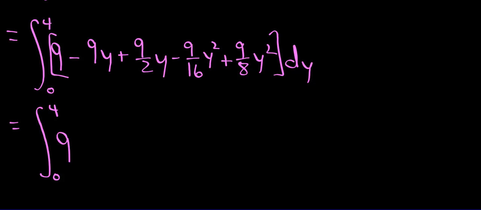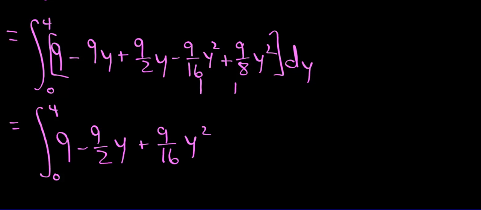We've got negative 18, so this would be negative 9 halves y, isn't it? And then plus 9 sixteenths y squared. Is that right? I think so, because if I add these two, I get 18 sixteenths minus 9 sixteenths.